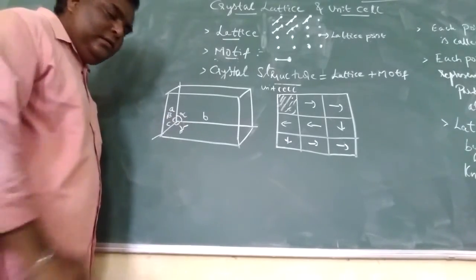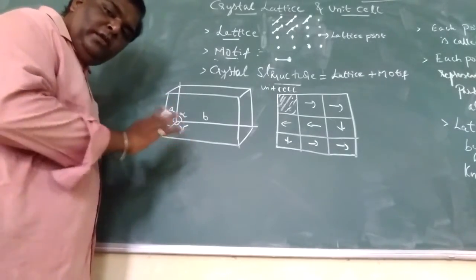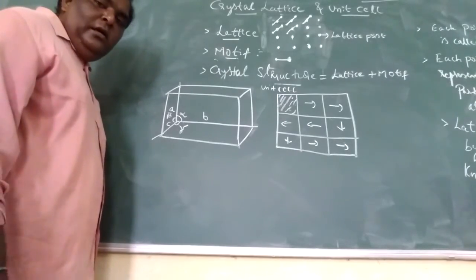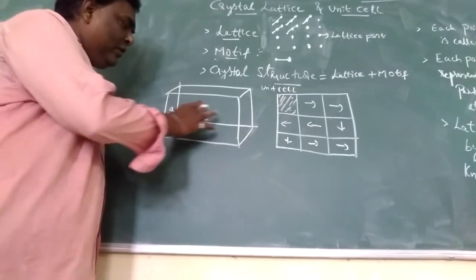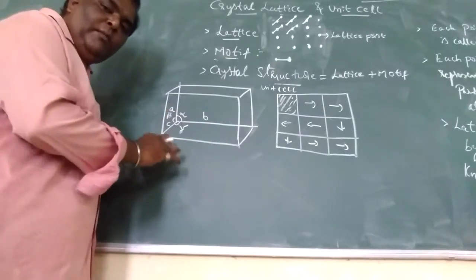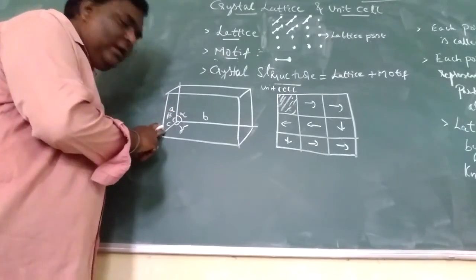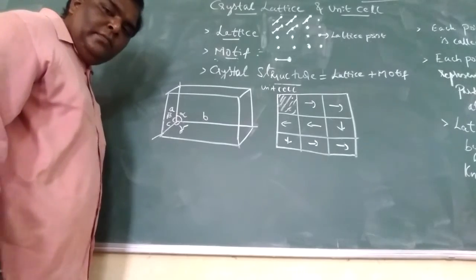So the three edges and three angles give 6 parameters in the case of a three-dimensional crystalline structure: A, B, C, and alpha, beta and gamma.